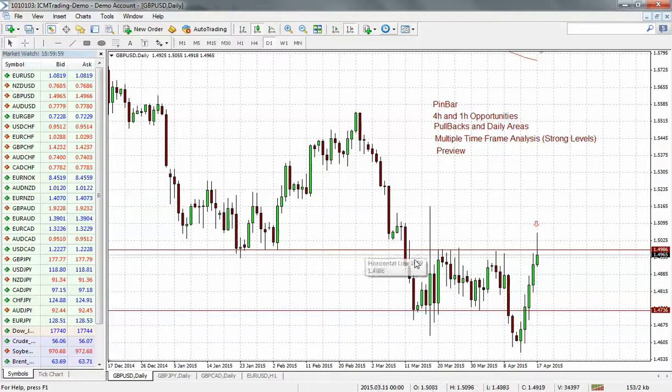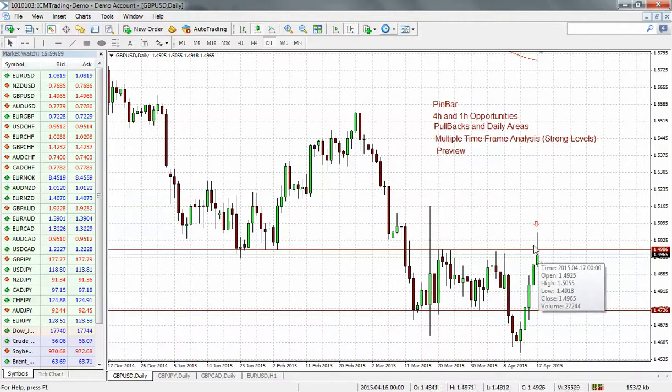And our pin bar's tail is extending well above the old resistance, the old price flip. We also have price close very close to this level, and that's what we want to see in our pin bars.